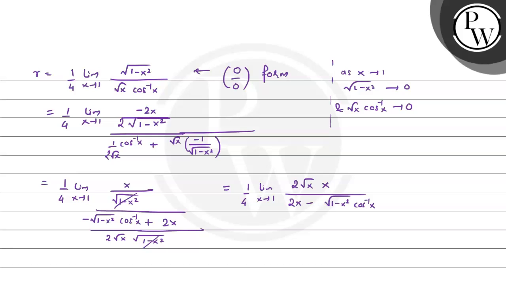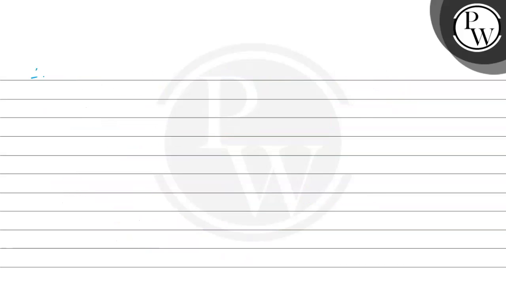Now we can evaluate this limit easily by substituting x as 1. So here we get 2 times 1 times 1 divided by 2 times 1 minus 0, and so therefore we have 1. So this limit is 1. So the final value is 1 by 4. So therefore r is equal to 1 by 4 and modulus of r is less than 1.